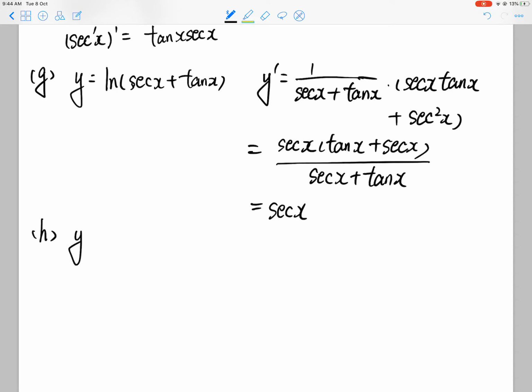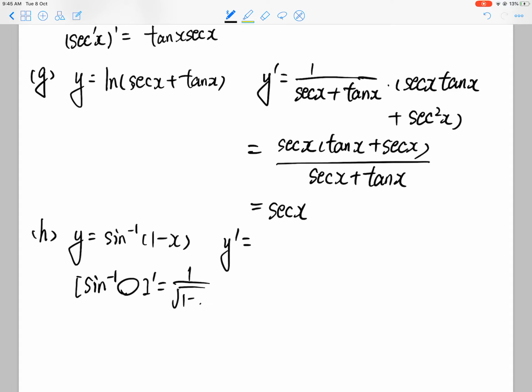Okay. Last part, h. y is sine inverse of 1 minus x. So again, first, from outside to inside, what is the derivative of sine inverse of something? It is 1 over the square root of 1 minus this thing squared.